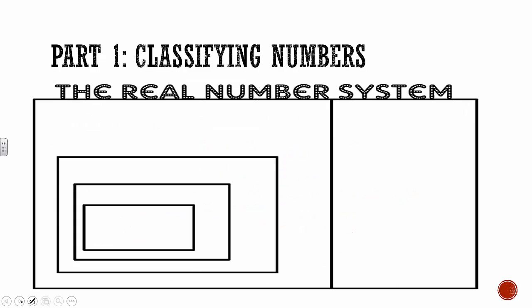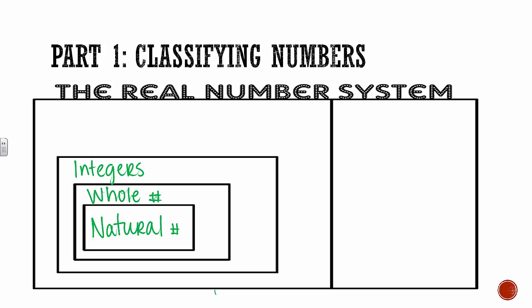So we can organize these as kind of like a growing system. At the very beginning, we have our natural numbers. And remember, these natural numbers are included in all the other sets. And then the next thing we had was whole numbers, and whole numbers include all of the natural numbers plus 0. And then we had our integers.